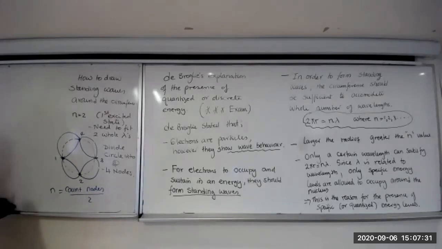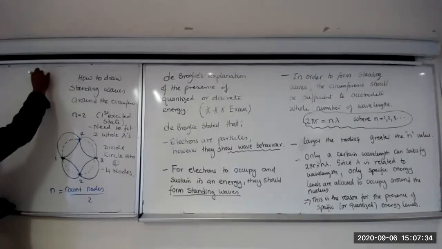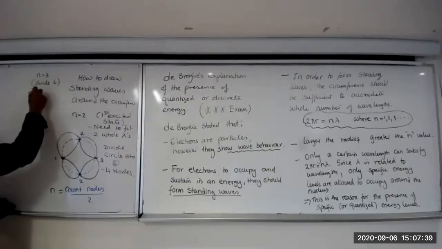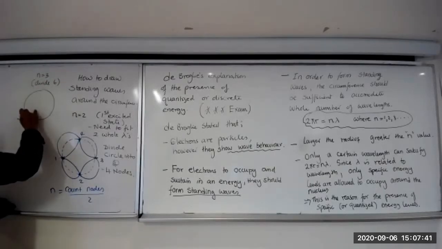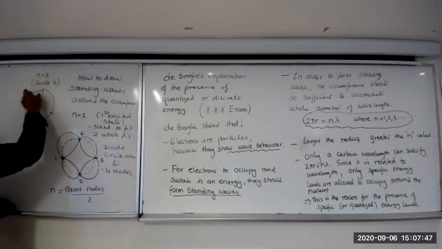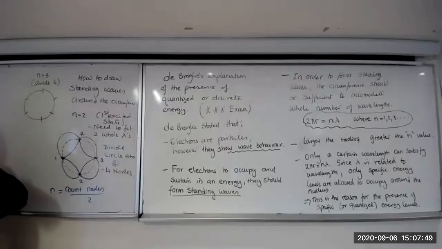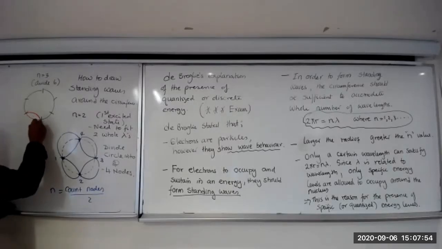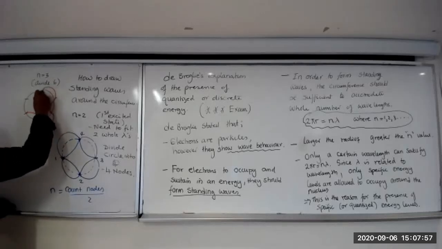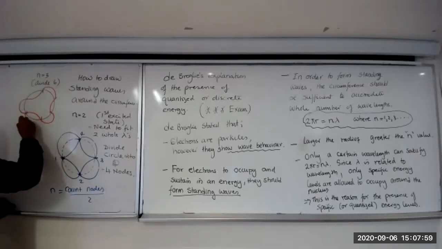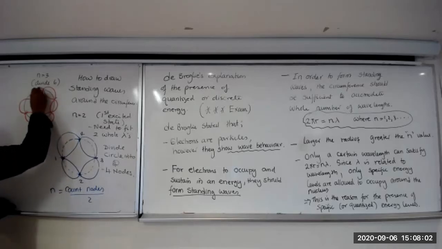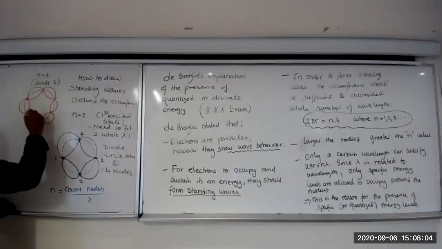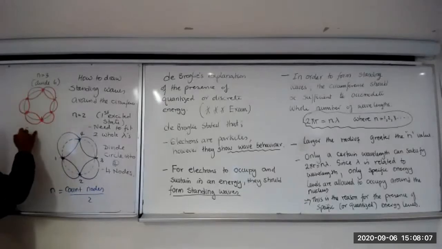Okay, n equals 3. I think you guys know how to draw this here. n equals 3, divide into 6. You can draw like your Mercedes-Benz mark or peace mark and then divide further and then draw it. There are 6 nodes.